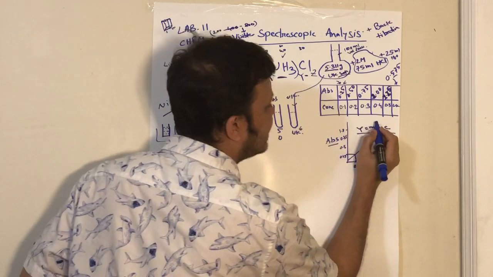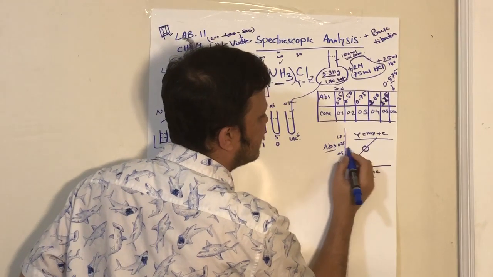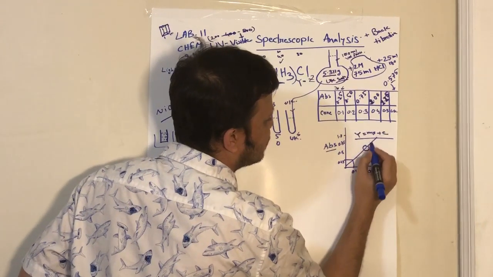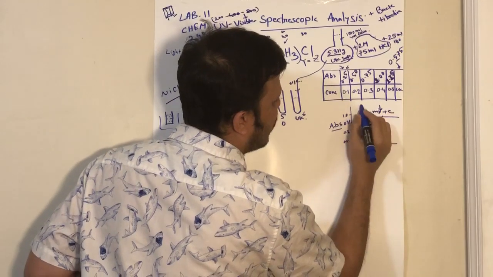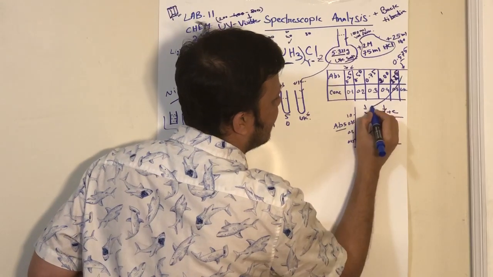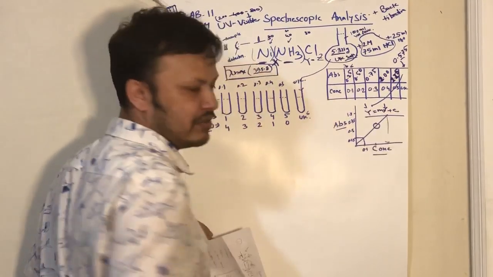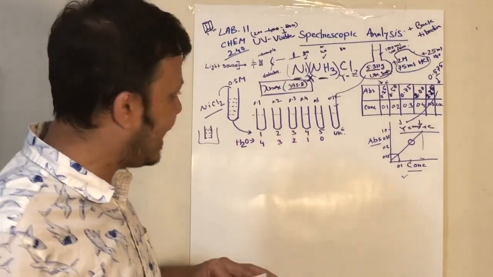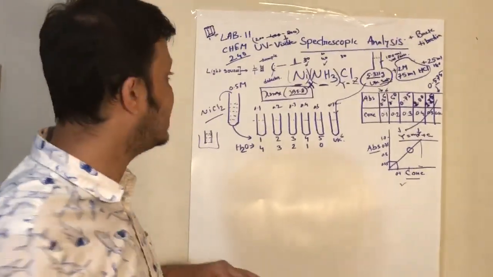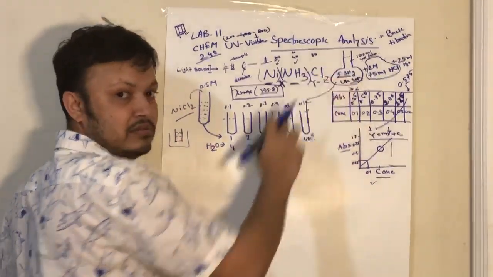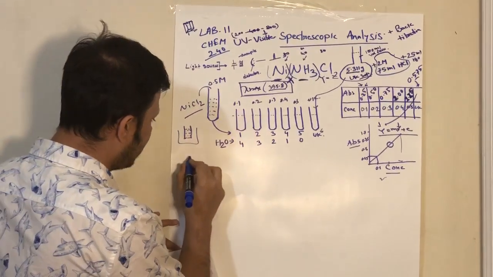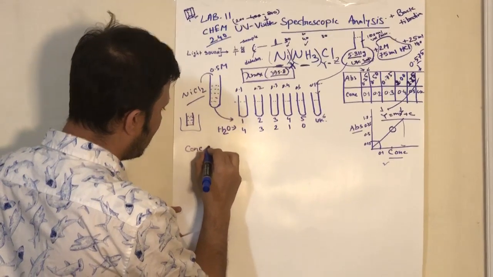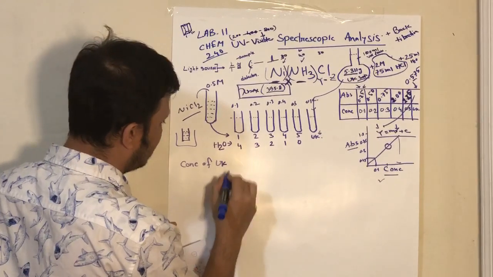Put in this value and find out the concentration X. Y will be this one, and X will be this one. So find out X, and that X is actually the concentration of the unknown, right? So you know the concentration of the unknown.